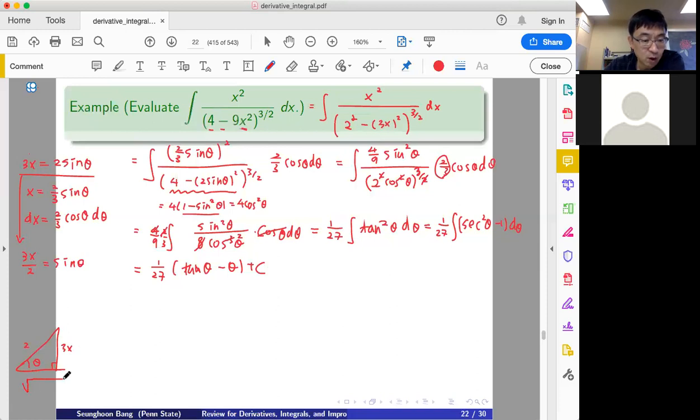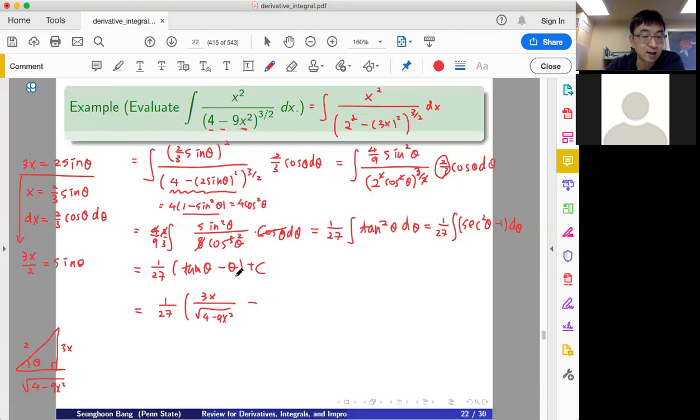So how can you find the other side? You can use the Pythagorean theorem. This is 2 squared, which is 4, minus 3x squared, which is 9x squared. You can make a triangle. So this is the same as 1 over 27. Tangent theta is exactly 3x over the square root of 4 minus 9x squared.